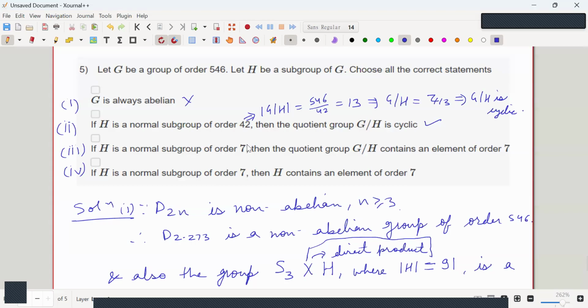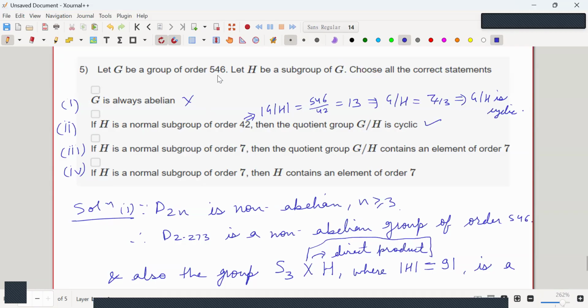Okay, so I consider Z mod 14Z and Z mod 7Z. Oh, I'm sorry, I just need to think about this.